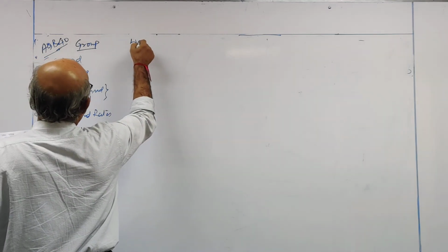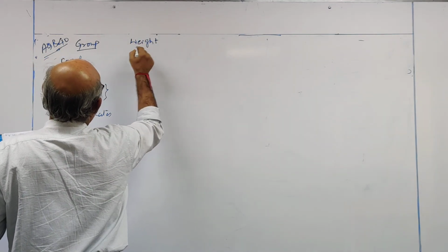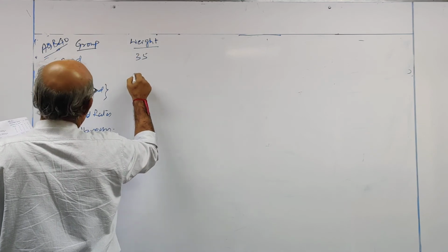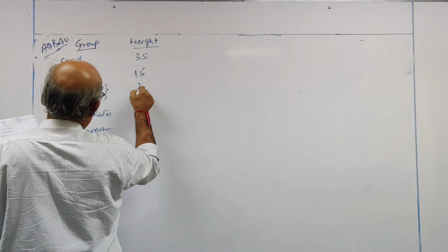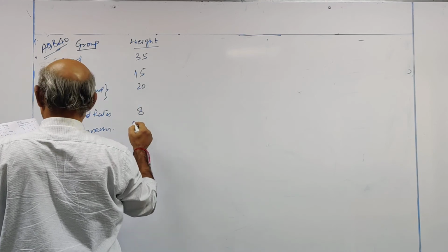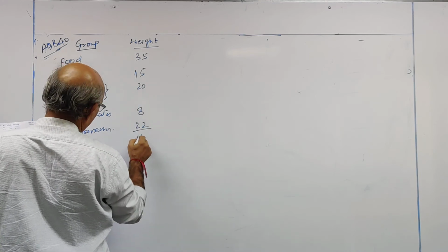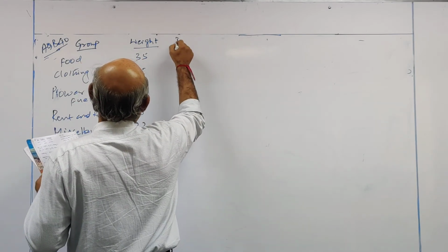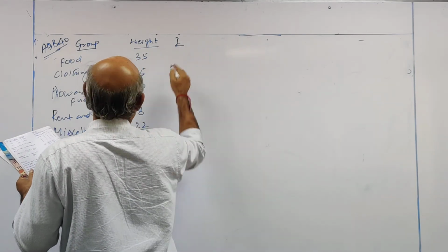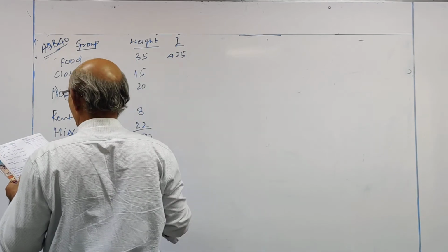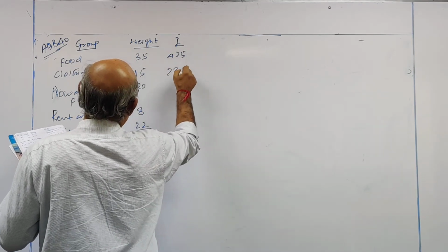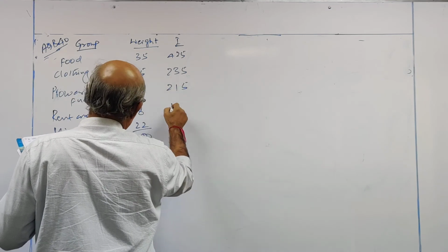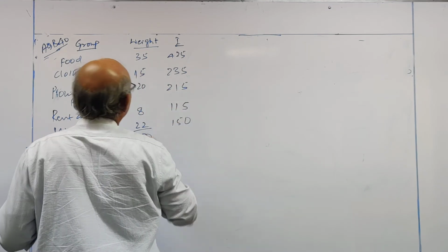Weights are also given: 35, 15, 20, 8, 22. Index number, or you can say price relative, of each commodity given: 425, 235, 215, 115, 150.